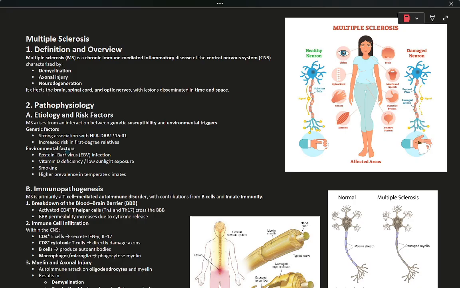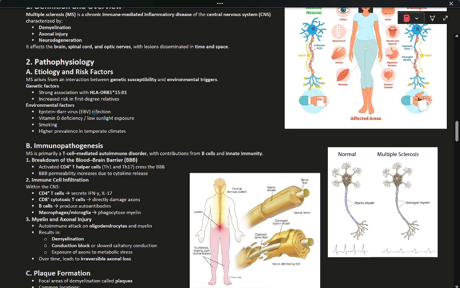And then environmental factors include Epstein-Barr virus infection, and then vitamin D deficiency and low sunlight exposure. Smoking is another major environmental risk factor.